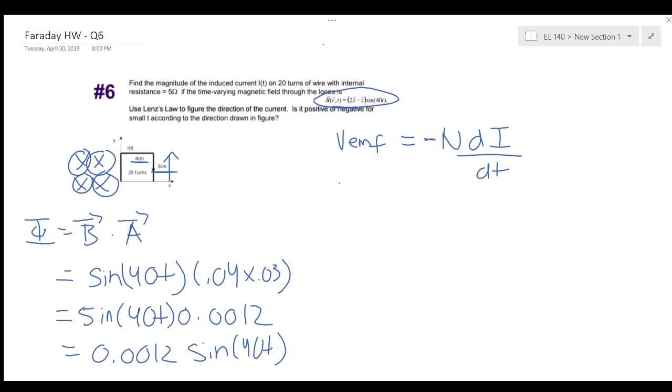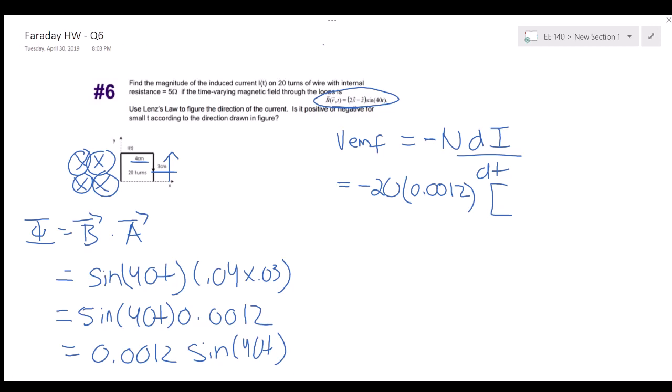And then this would just be negative 20 multiplied by 0.0012, they're both constants. And then the time derivative of the magnetic flux.